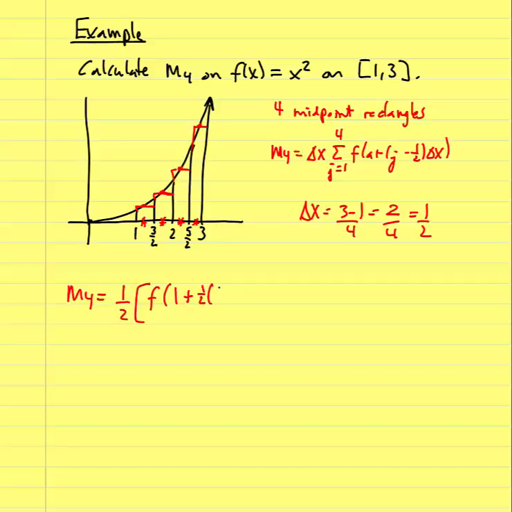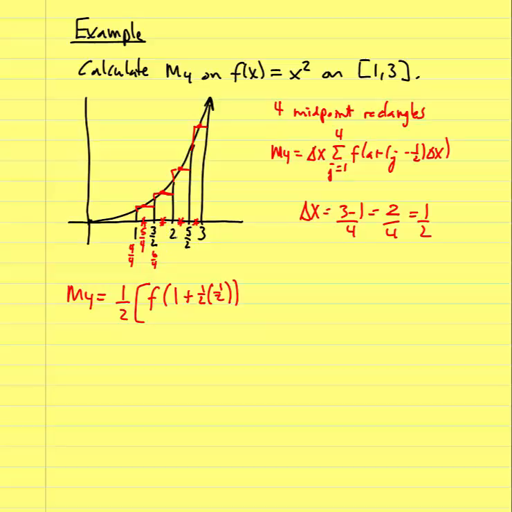Now notice my delta x is also 1/2, so this is telling me what this point is right here. 1/2 times 1/2 is 1/4. 1/4 plus 1 is 1 1/4, which is 5/4. So this is the point 5/4. And that totally makes sense because 1 is the same as 4/4, 3/2 is the same as 6/4, so halfway in between 4/4 and 6/4 is 5/4.